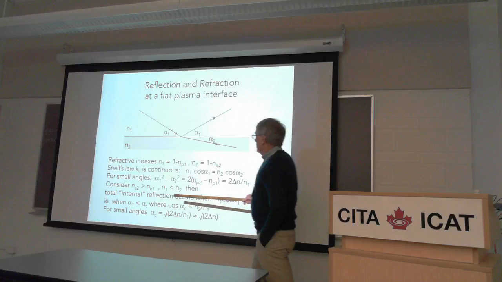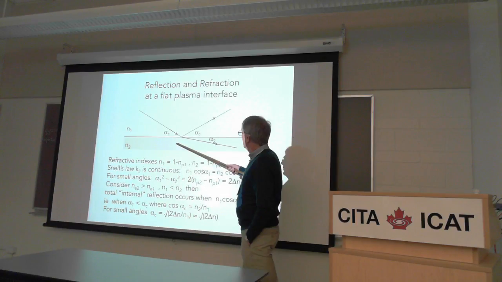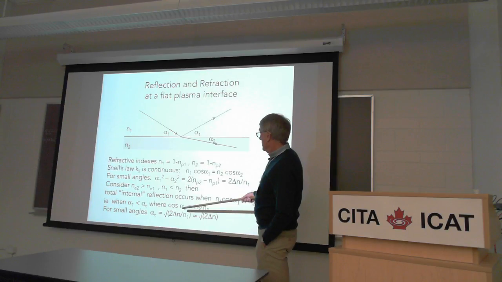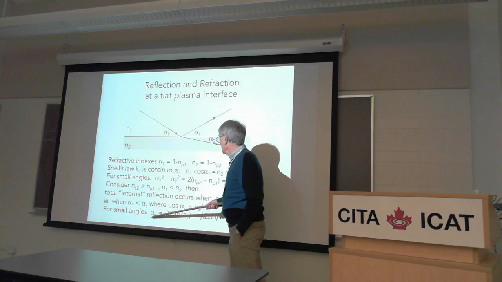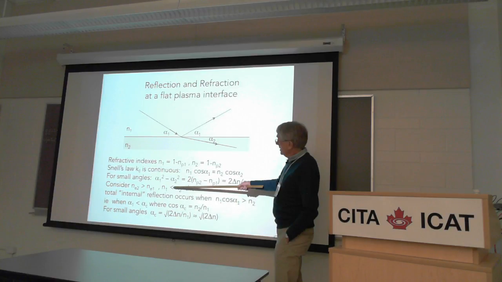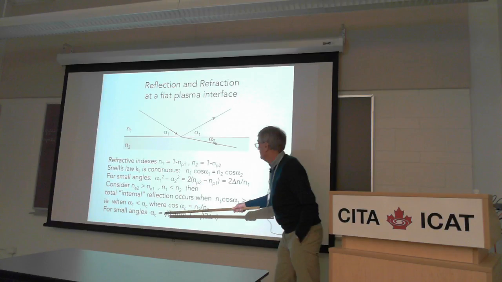So if we have this case of plasma density here, then you get a critical angle, where this condition breaks down.